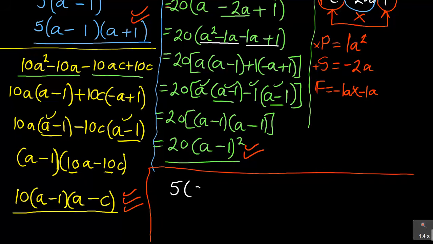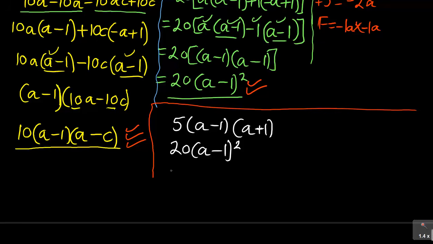It's 5(a minus 1)(a plus 1), and the other one was 20(a minus 1) squared, and the other one is 10(a minus 1)(a minus c).